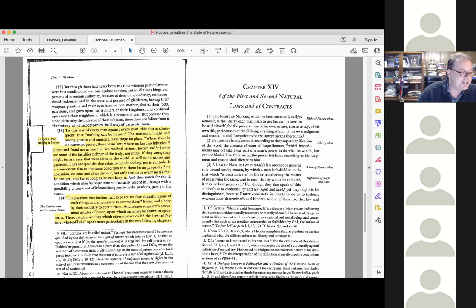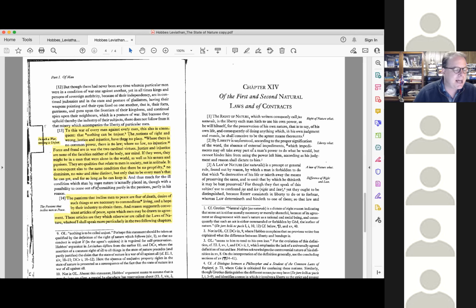What is the passion that inclines men to peace rather than conflict? Agreement. What's that? It's an agreement. Oh, no, forget about it. Forget about it. No one's going to be obliged to agree in this world unless they're forced to agree.